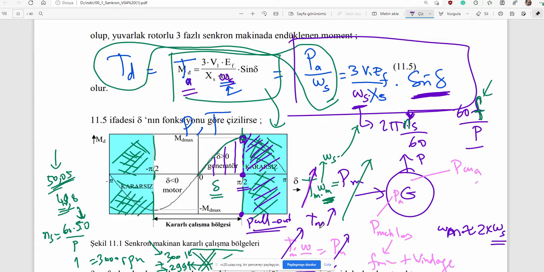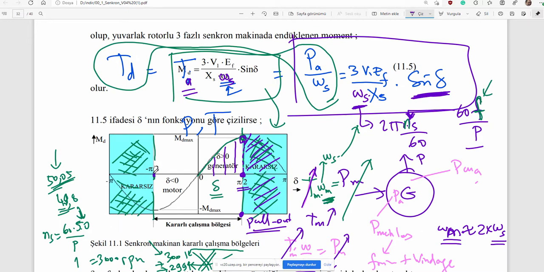Due to centrifugal forces, mechanical parts would be damaged. So speed must be kept under control. There must be some properly designed braking system to slow down the machine.